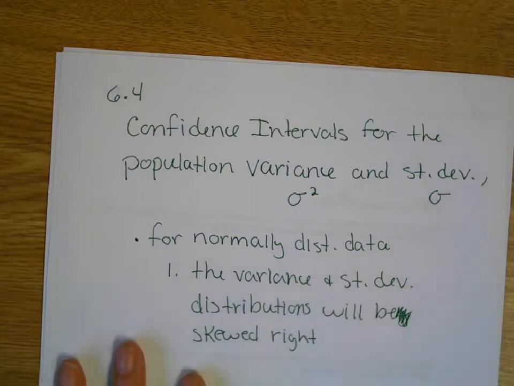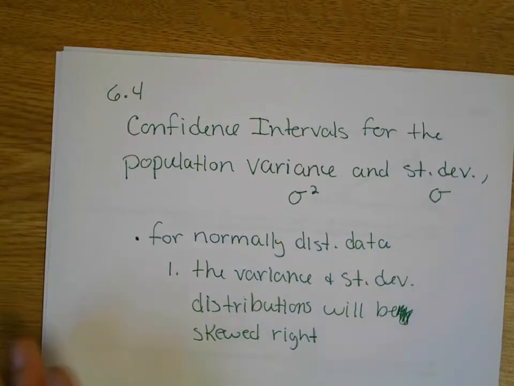But the original data, whatever you're gathering, is normally distributed. But when we start to look at just the variance and standard deviation, we graph that, you'll get a skewed right graph, but that's okay.